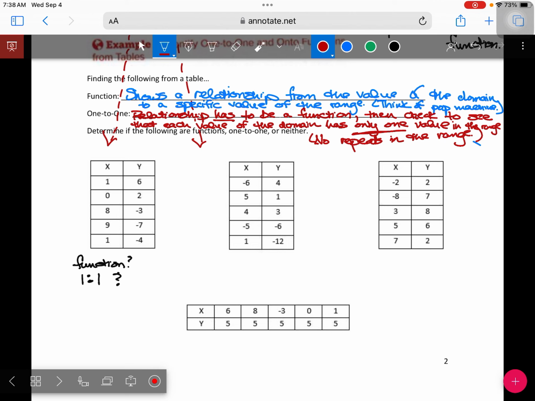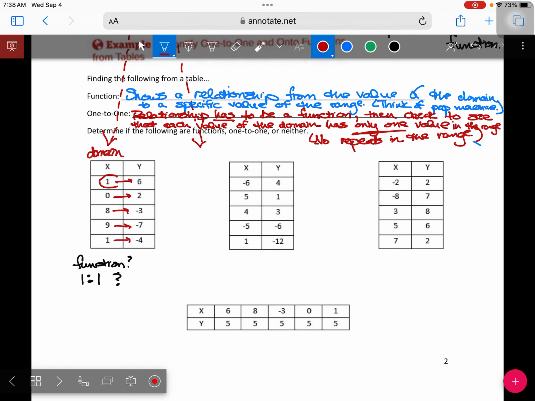I know you're going to get tired of saying it. Starts with a D. Rhymes with domain. Domain, yes. So this is the domain. These are your x values. So as I look at this, I have 1 going to 6, 0 going to 2, 8 going to -3, 9 going to -7, 1 going to -4.